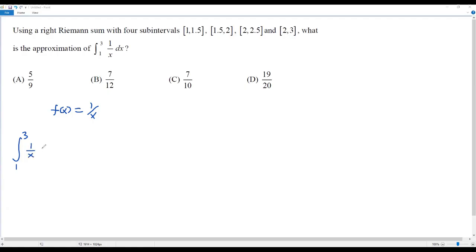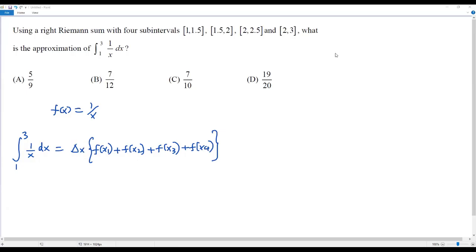So that is equal to delta x times f of x1 plus f of x2 plus f of x3 plus f of x4. I have taken 4 values, x1, x2, x3, x4, because we have 4 subintervals, and I plug those x values into the given function f of x. Here delta x is the width of each subinterval.